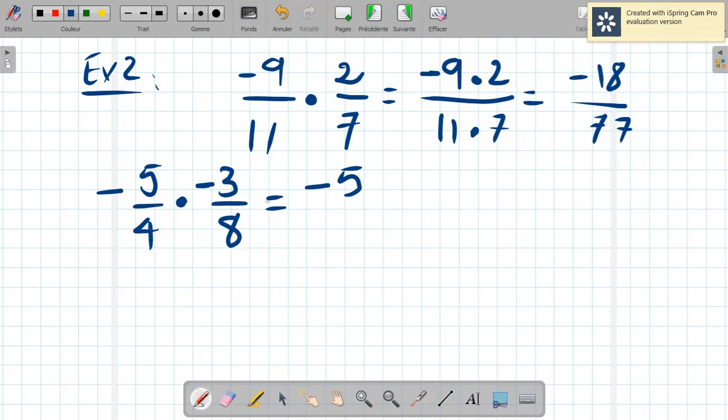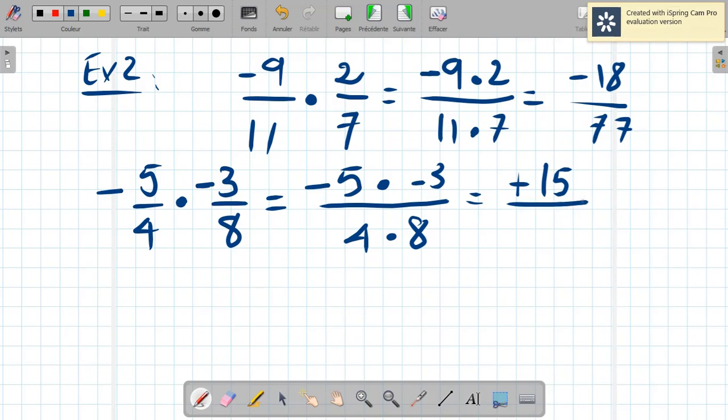Negative 5 multiplied by negative 3 over 4 multiplied by 8. Whenever you multiply two numbers of the same sign, the result will always be positive. So negative 5 times negative 3 is equal to positive 15. Then 4 times 8 is equal to 32. So the answer would be 15 over 32.